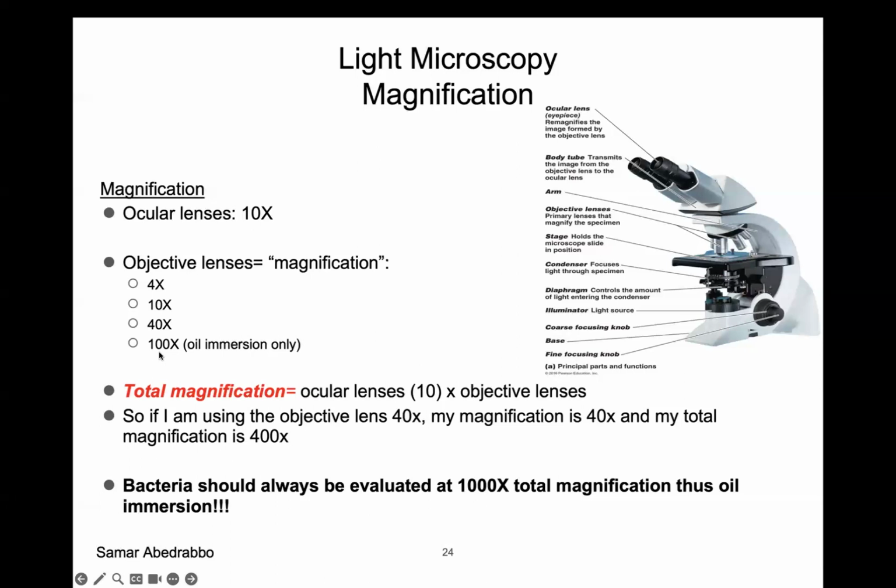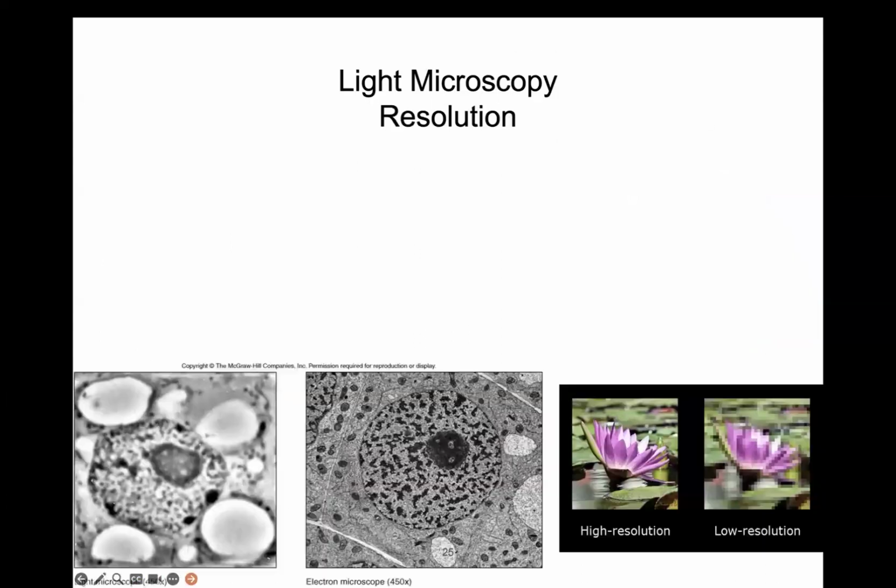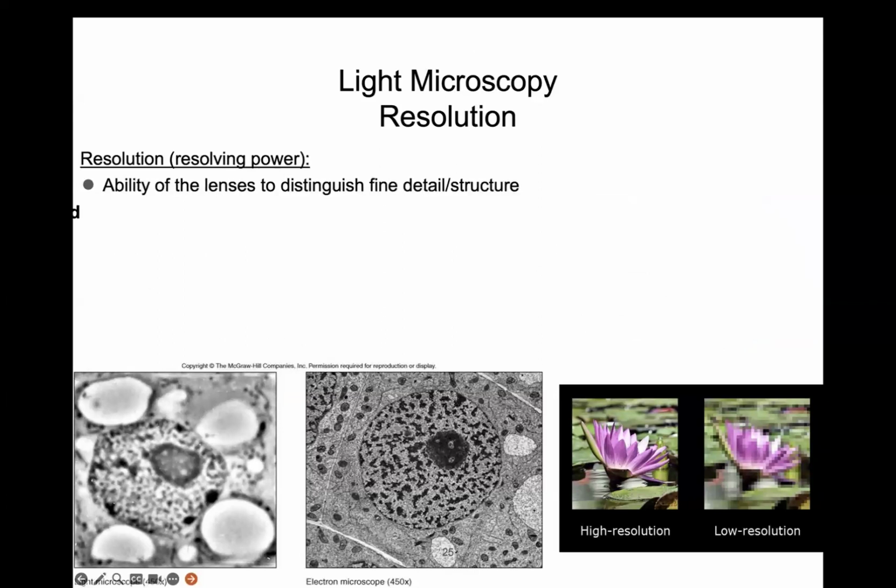That's a total magnification of 1000x. At this magnification only, 100x magnification, which is the same thing as saying 1000x total magnification, you have to put oil on your slide, and we call that oil immersion. You don't do it on any of the other slides, and I'll explain it right in a second.